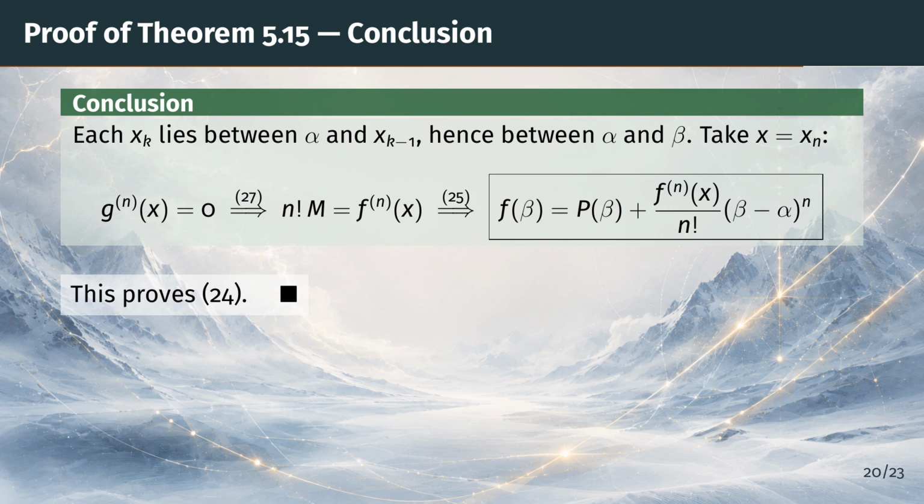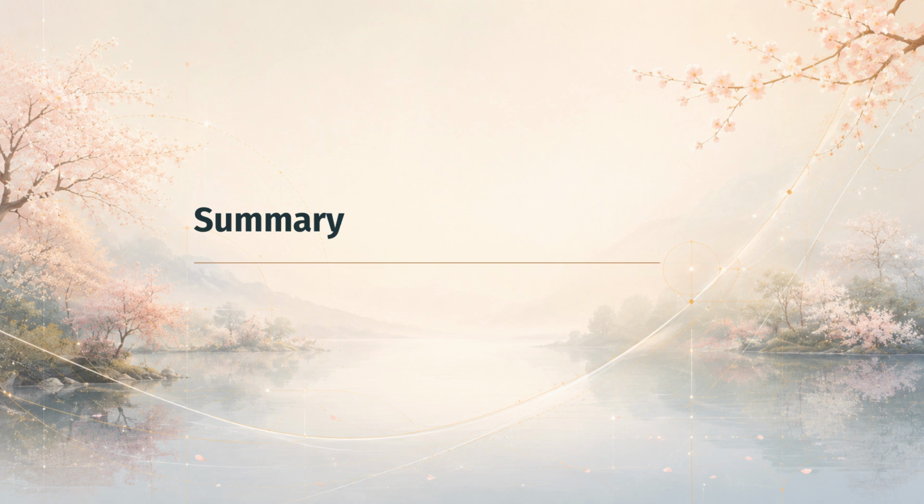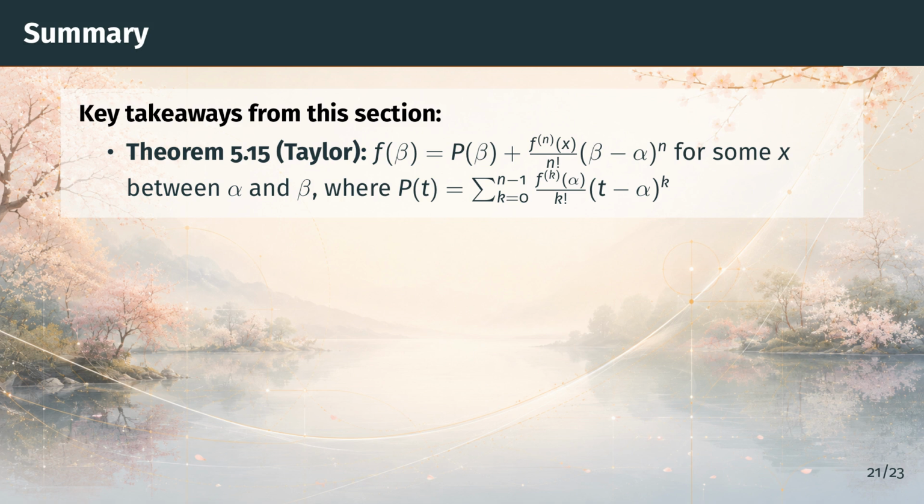Let's step back and summarize the episode. Let's review what we learned. The headline is Theorem 5.50, Taylor's theorem. Under minimal hypotheses, continuity of the derivative of order n minus 1 on the closed interval and existence of the derivative of order n inside, the value of f at beta equals the Taylor polynomial built at alpha, evaluated at beta, plus an exact error term, the derivative of order n at some intermediate point x divided by n factorial times beta minus alpha to the power n.